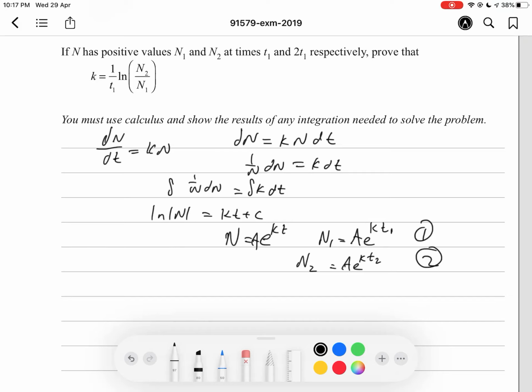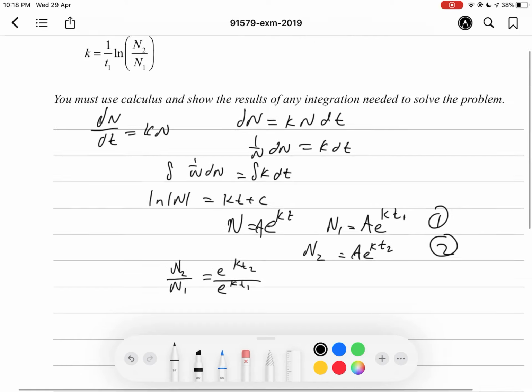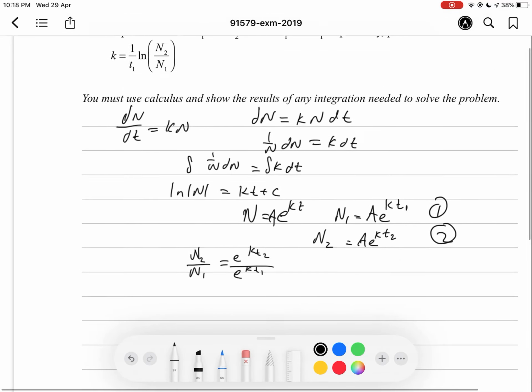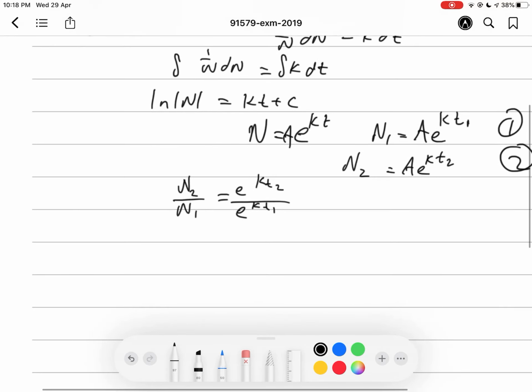So this is equation 1 and equation 2. If we do equation 2 divided by equation 1, it becomes n2 over n1 equals a divided by a, which cancels out completely, and we have e to the power of kt2 over e to the power of kt1. Now we're trying to make k the subject.